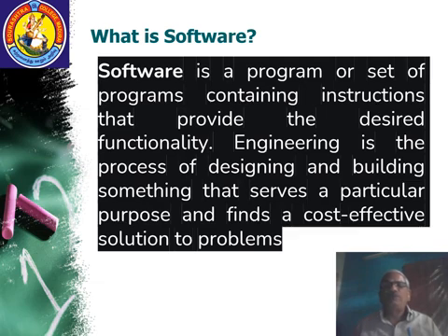Engineering is the process of designing and building something that serves a particular purpose and finds a cost-effective solution to problems. So software is a set of programs containing instructions that provide the desired functionality. Software is nothing but step-by-step instructions to solve a particular problem in an efficient and cost-effective way.